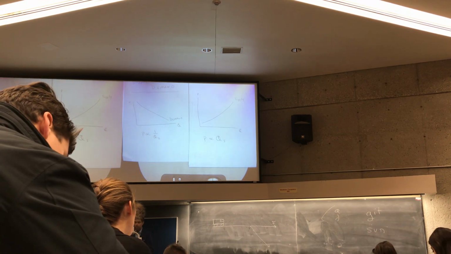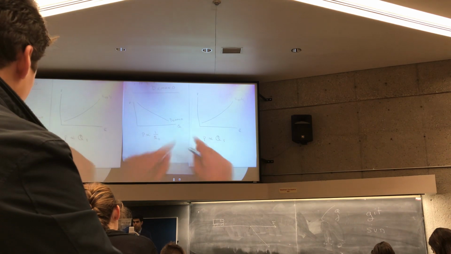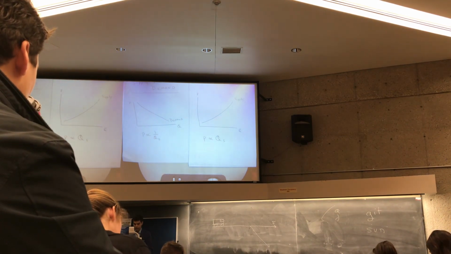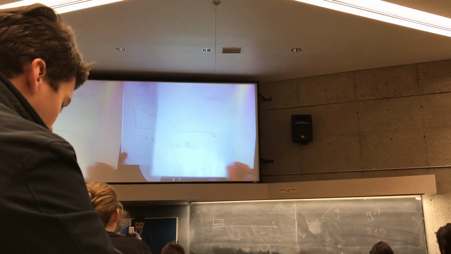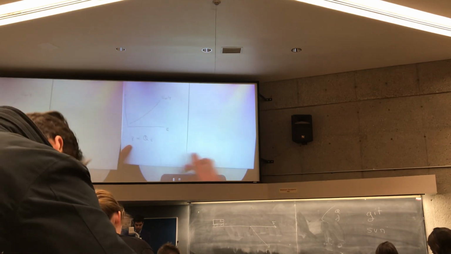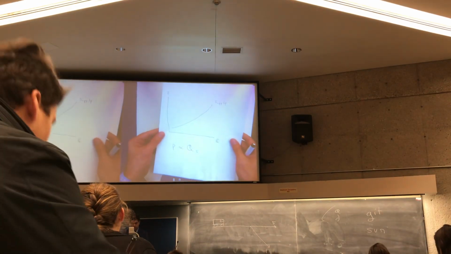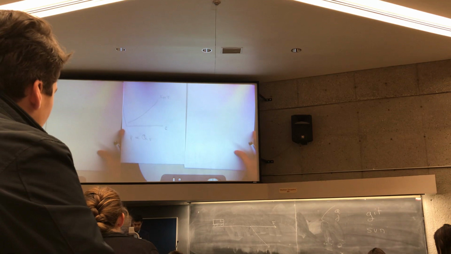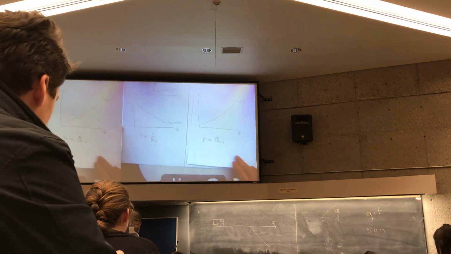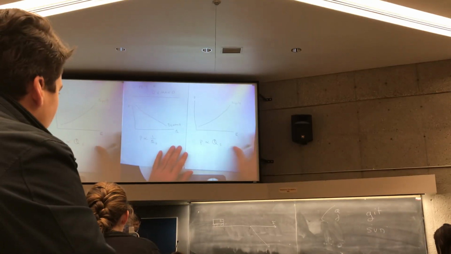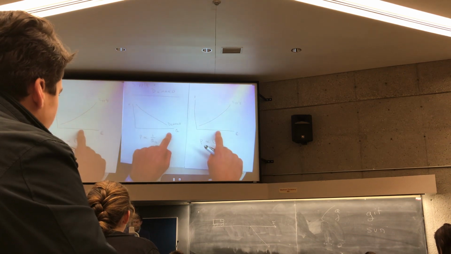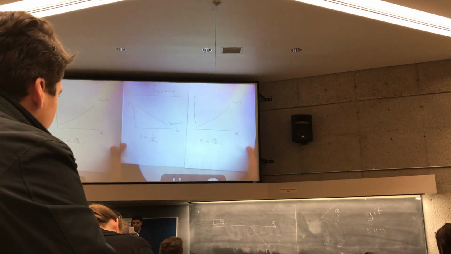In this class, we're going to be combining these two graphs, and then we'll see what happens. You can kind of guess at what it's going to look like. Because these two graphs have the same axes, we can put them on the same graph.